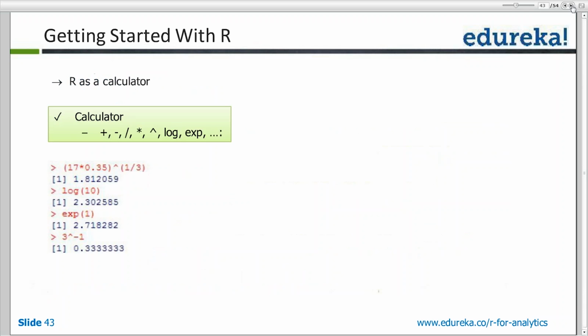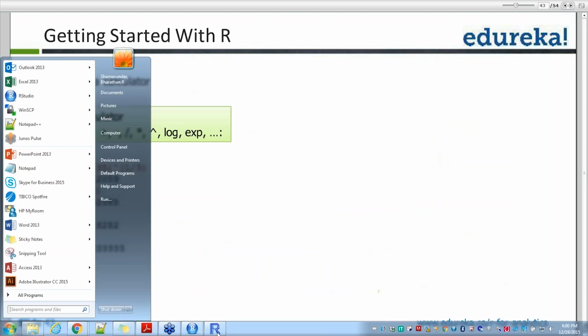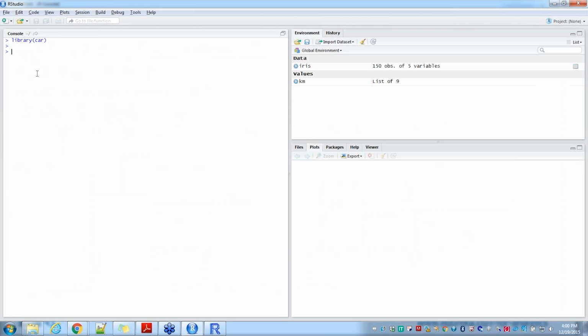So once you have installed R, you could do a whole lot of things with it. Things as simple as running a few calculations. Okay, so let's do something very elementary. Let's do a 2 plus 4. See, you get a result printed on the screen.